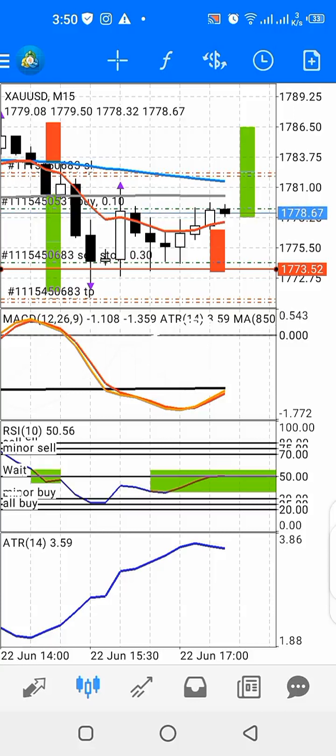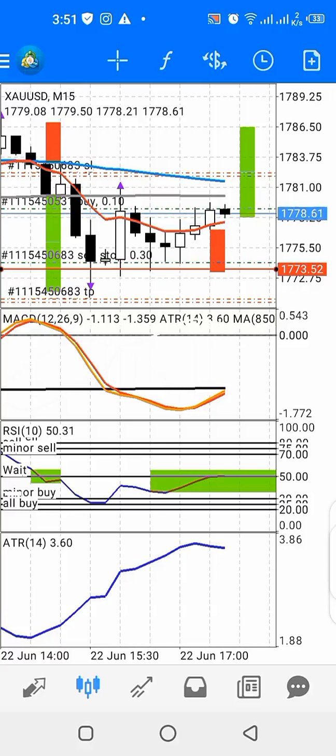For the ATR, we added 3.63 to the low of that bullish candle to give us that red shape, and the base of the red shape is the stop loss point. Our take profit for risk reward ratio 1 to 2 will be above the green line, at 1786.5.